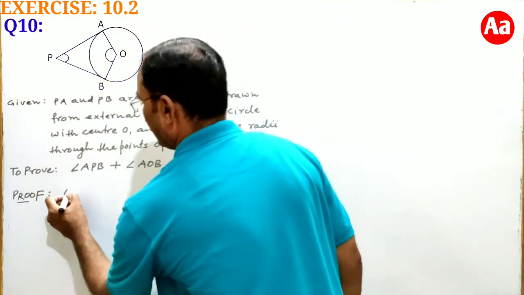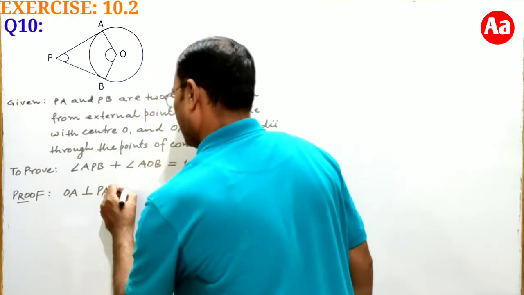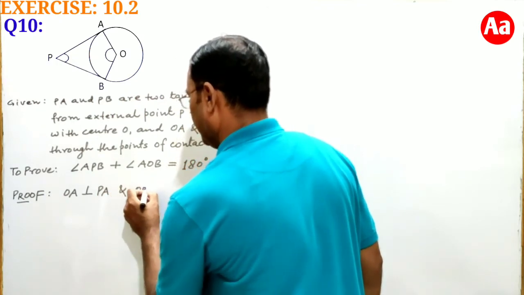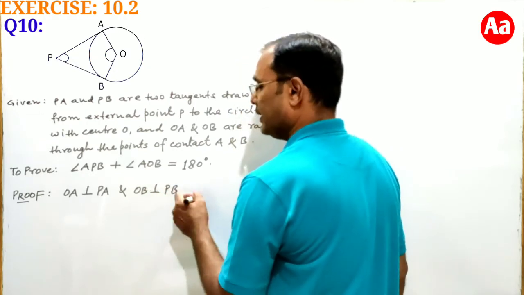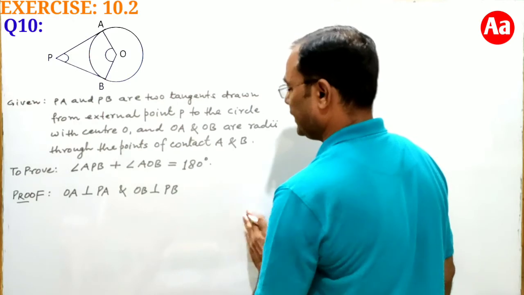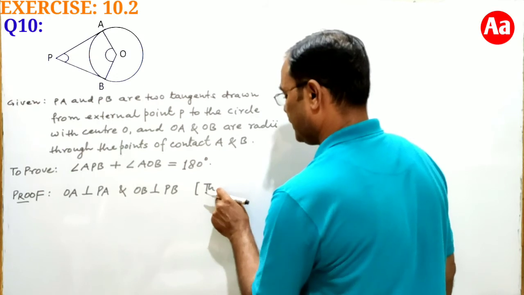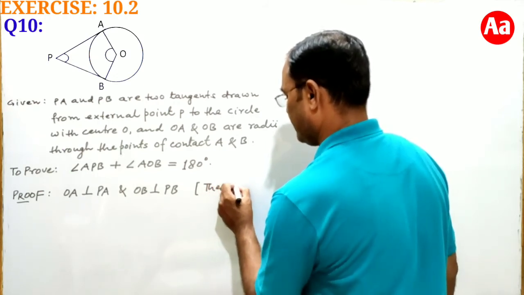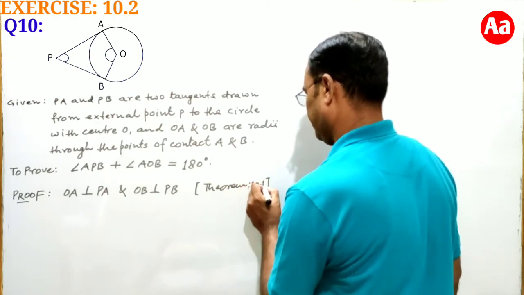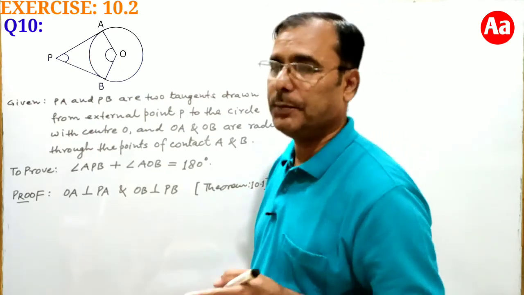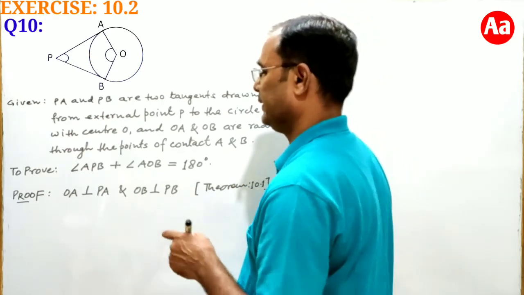OA is perpendicular to PA and OB is also perpendicular to tangent PB at point of contact A and B respectively. This is from theorem 10.1. The tangent at any point of a circle is perpendicular to the radius through the point of contact.